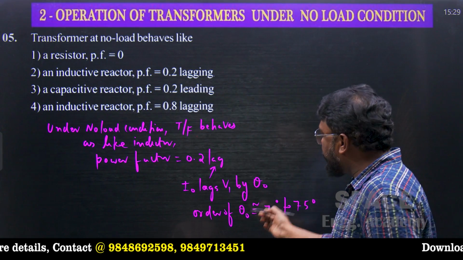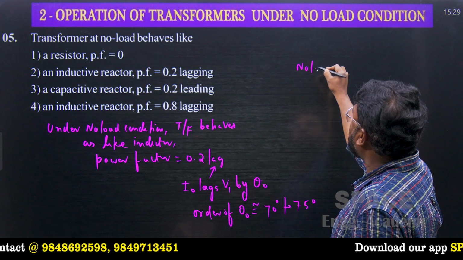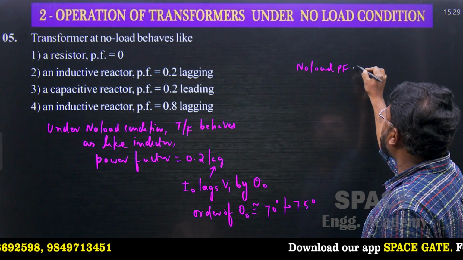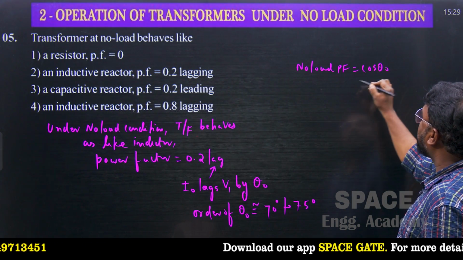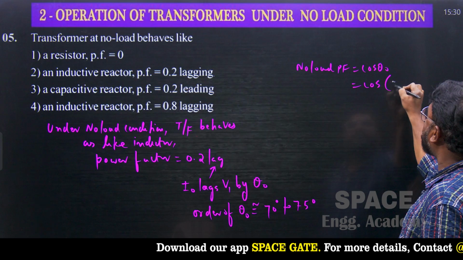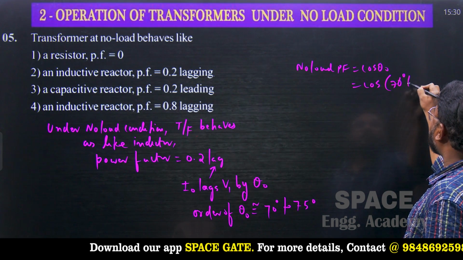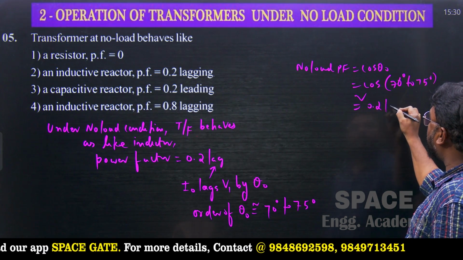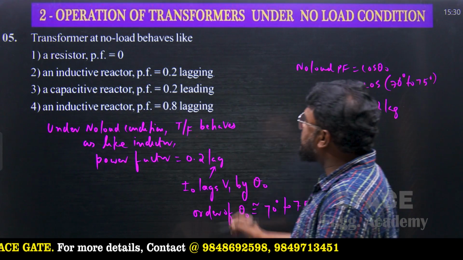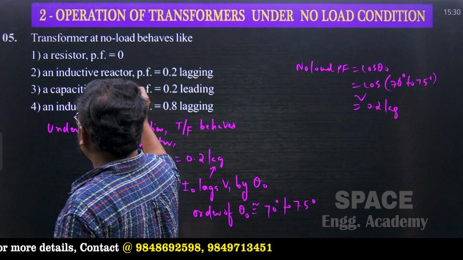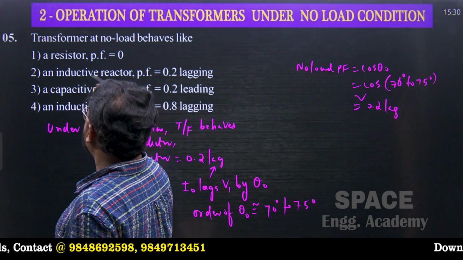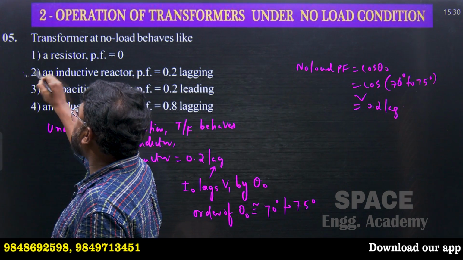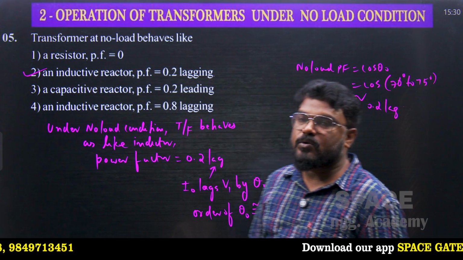So the no load power factor is cos theta naught, and cos of 70 to 75 degrees is approximately 0.2 lag. So the power factor is 0.2 lagging, and it acts as an inductive reactor. So option 2 is correct for this question.